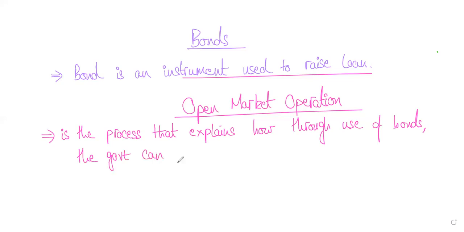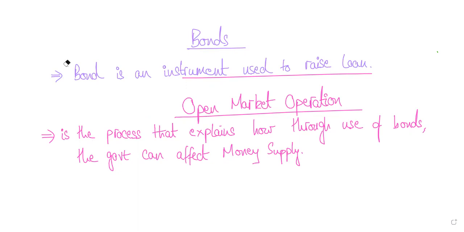Now, read this definition one more time. Can affect money supply, right? So students, let's read this again. What is open market operation? Open market operation is the process that explains how, through the use of bonds, the government can affect the money supply.